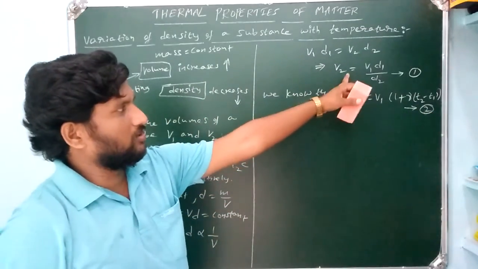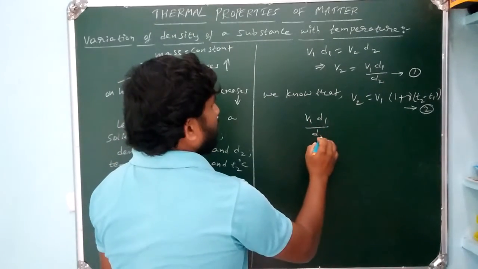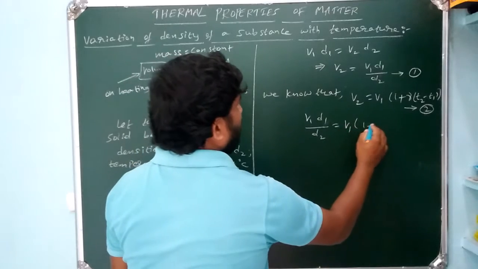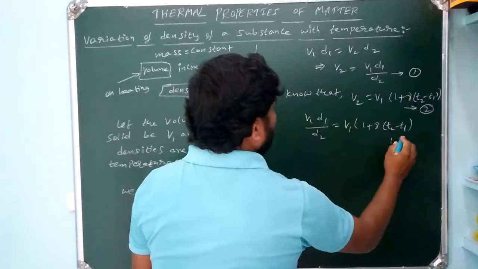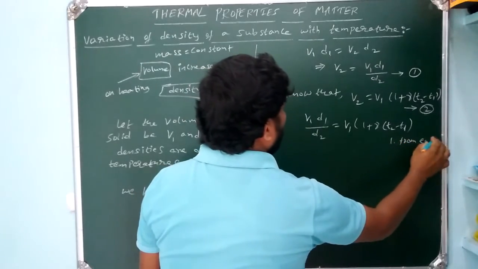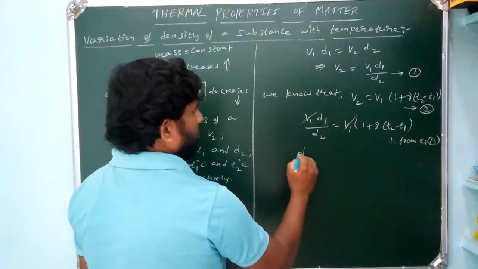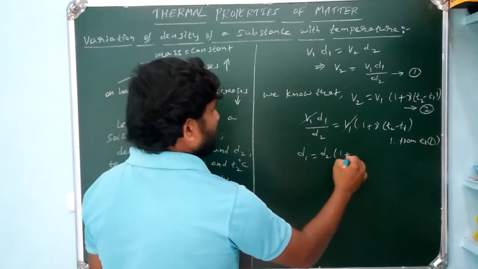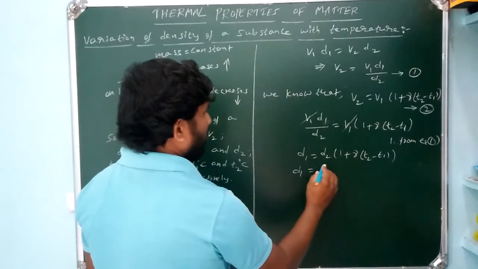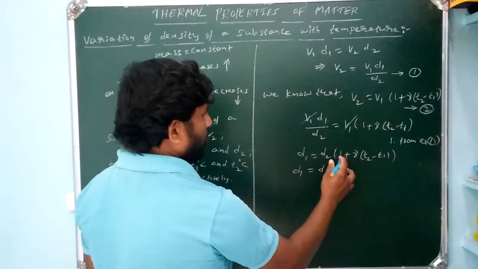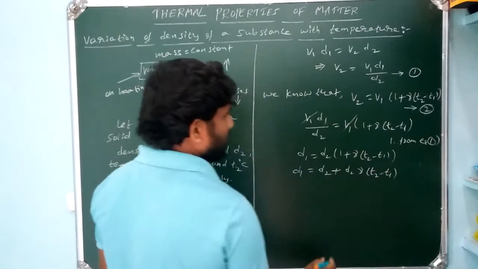Now substitute equation 1 in equation 2. Therefore V1 D1 by D2 is equal to V1 into 1 plus gamma into T2 minus T1. Now V1 gets cancelled. Bring D2 to the right hand side: D1 equals D2 into 1 plus gamma into T2 minus T1. Multiplying, D1 equals D2 plus D2 into gamma into T2 minus T1.